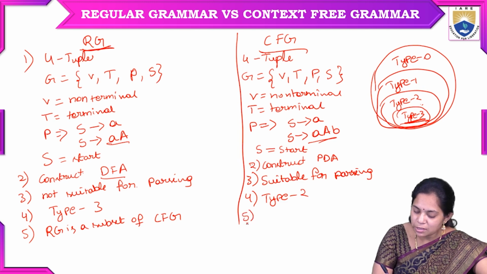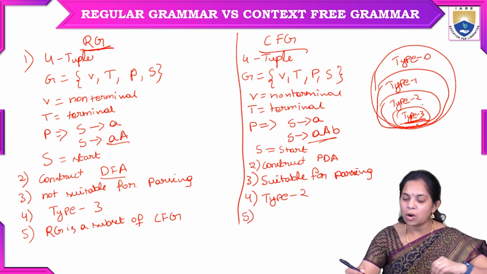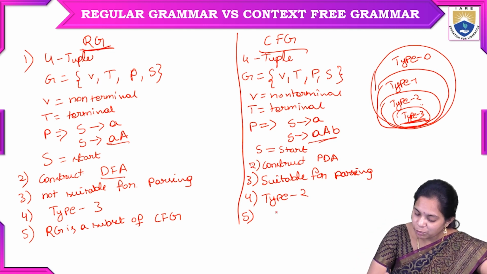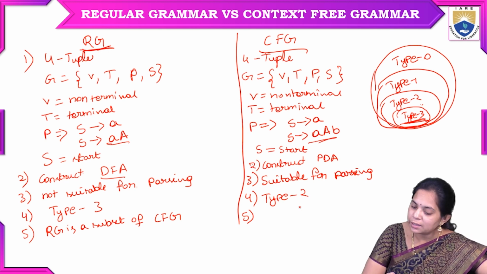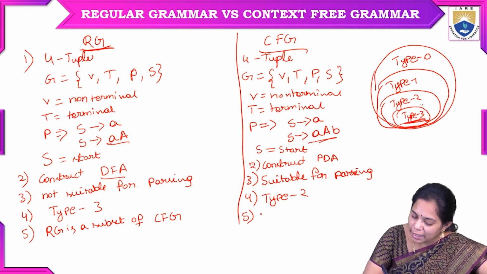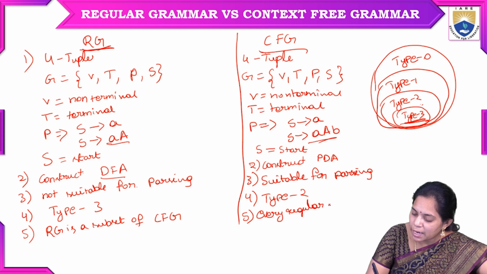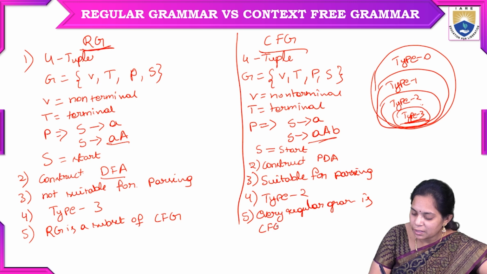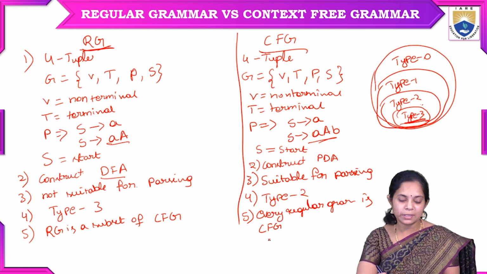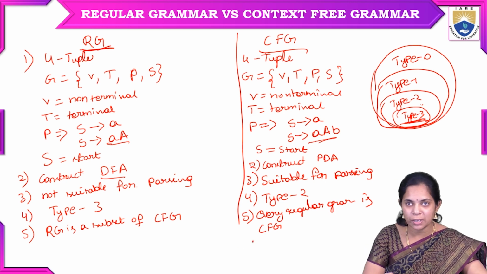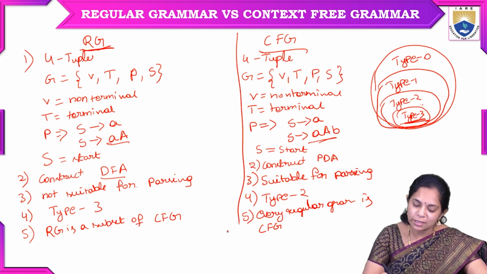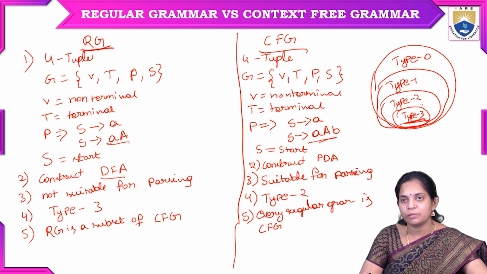The context-free grammar is a type 2 grammar, and every regular grammar is a context-free grammar. So this is the differences between the regular grammar and context-free grammar.